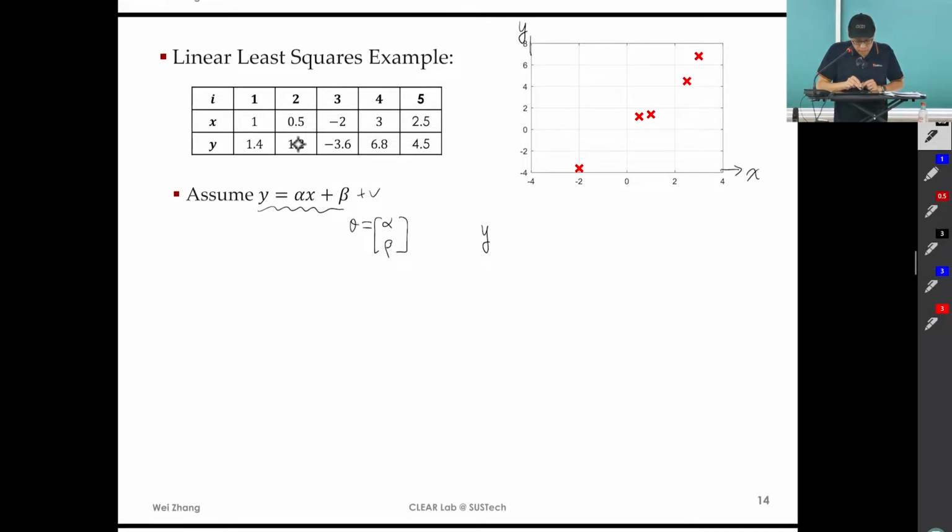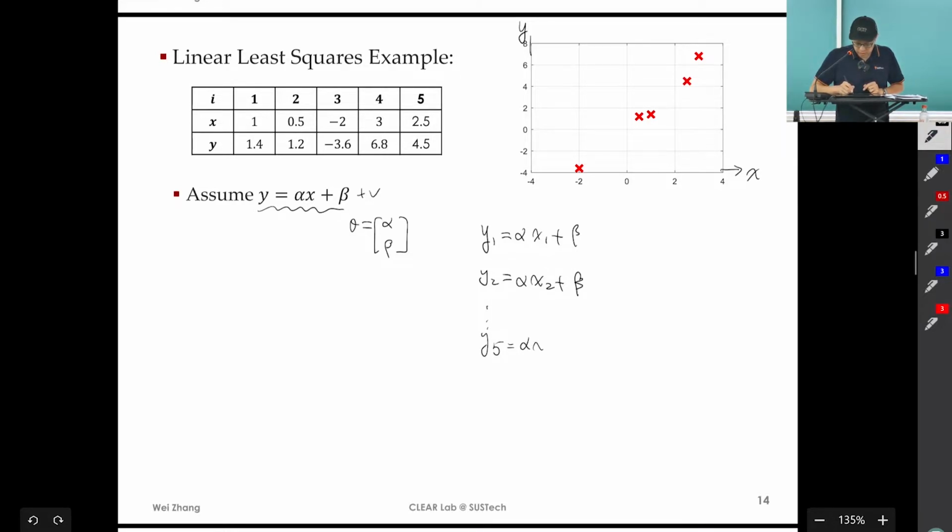If we want to write the relations between input and output, how many data points do I have? 1, 2, 3, 4, 5. Y1 should be approximately what? Alpha times x1 plus beta. Y2 is alpha x2 plus beta, dot, dot, dot. Y5 should be alpha x5 plus beta. I'm just blindly writing down the relation at different points.